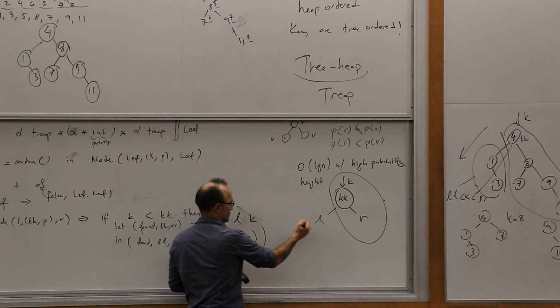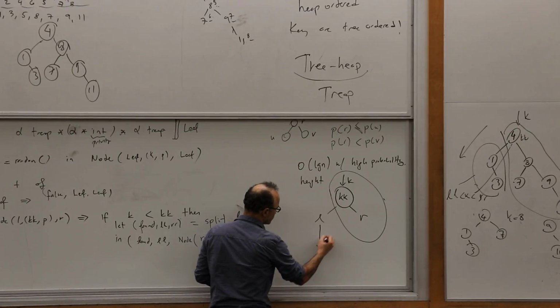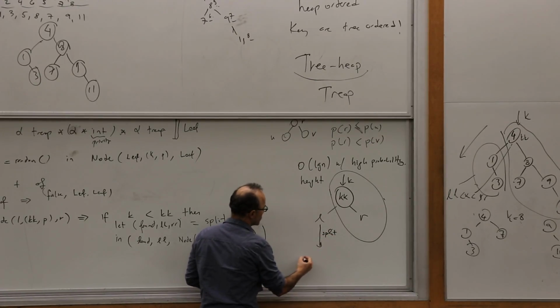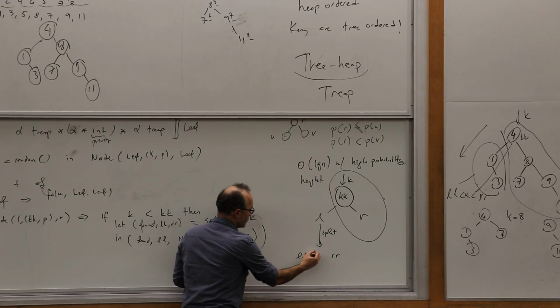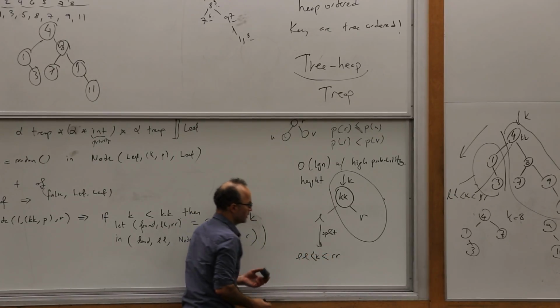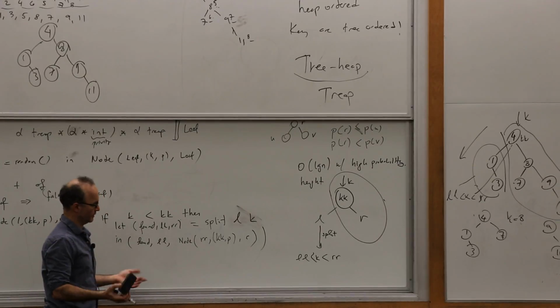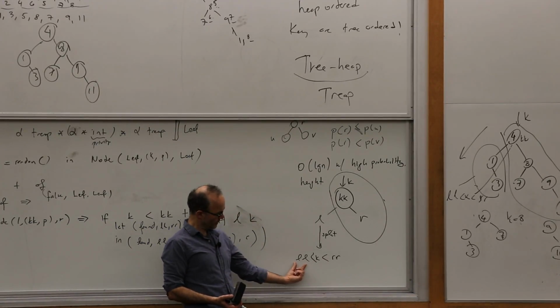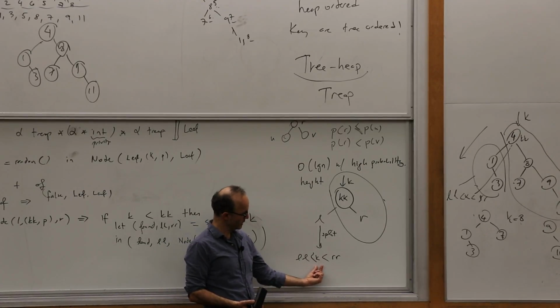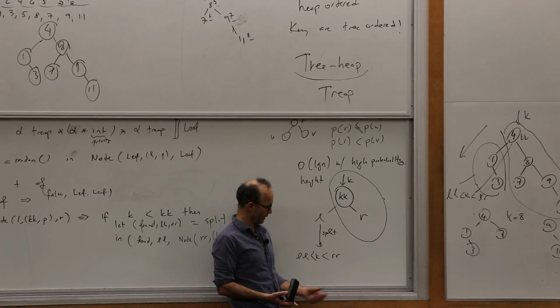So I'm going to split this into LL and RR. And what I know, by induction, is that this holds: all the keys in LL are less than K, and all the keys in RR are greater than K.